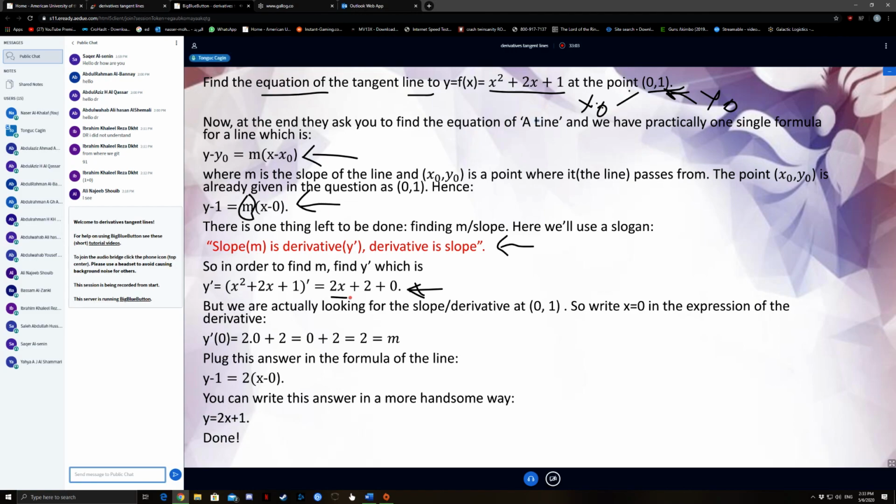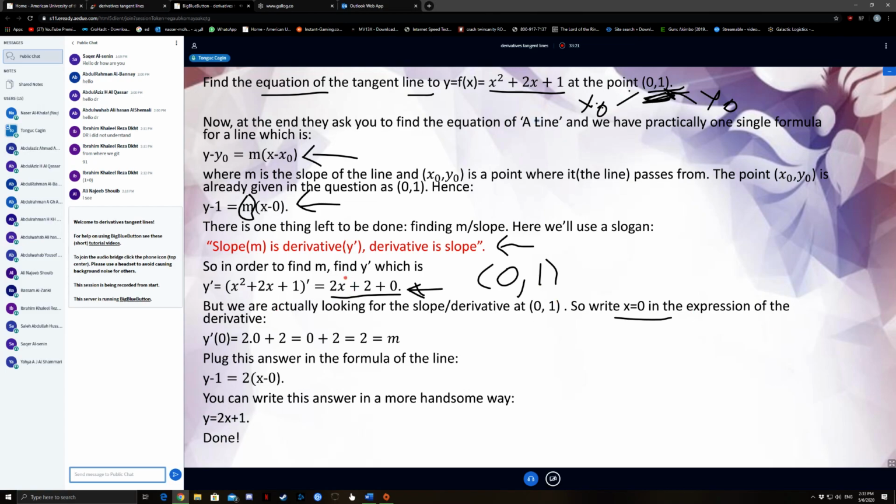But where do I want this derivative? At this point, isn't it? I am looking for the slope, or derivative, at (0, 1). So write 0 instead of x in the expression of the derivative.